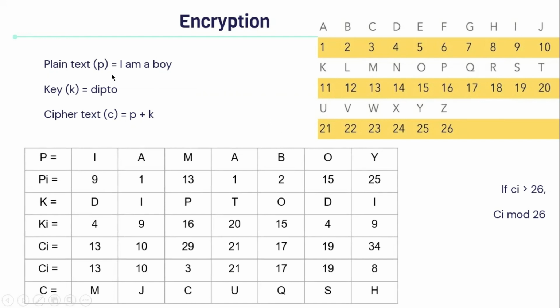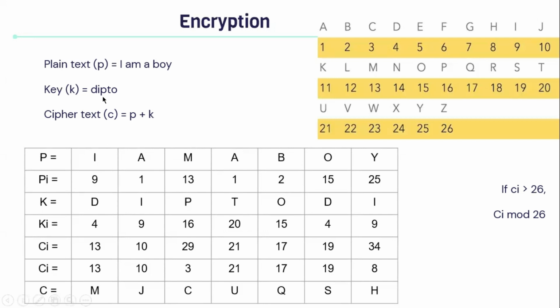So here is the solution. We have to keep in mind that the length of the plain text should be the same as the key. If the key length is less than the plain text, then we have to take the alphabet from the front and place it at the last.